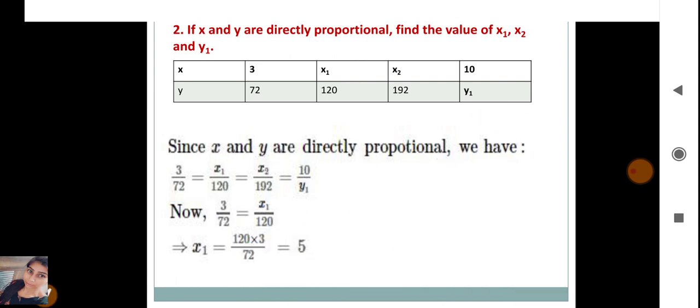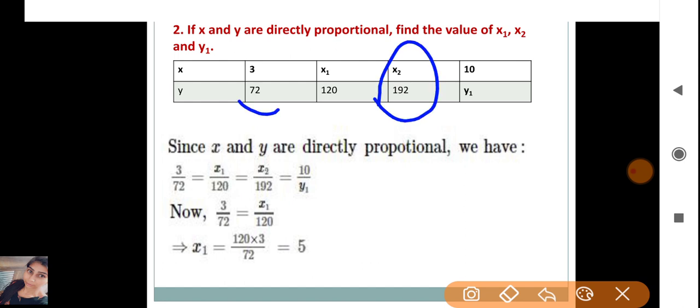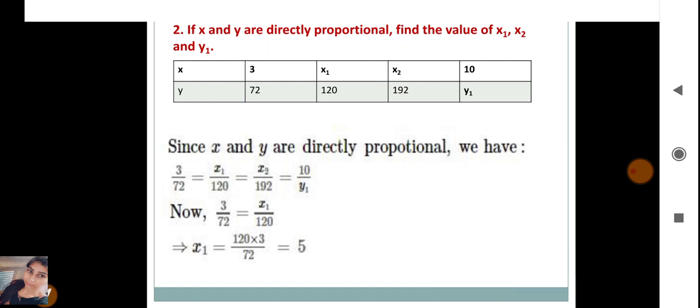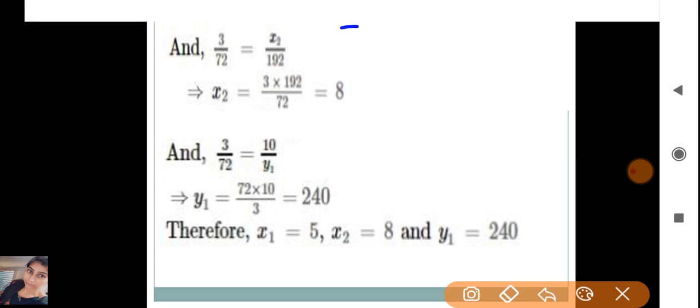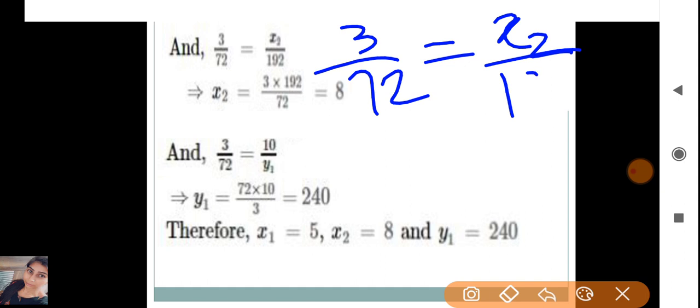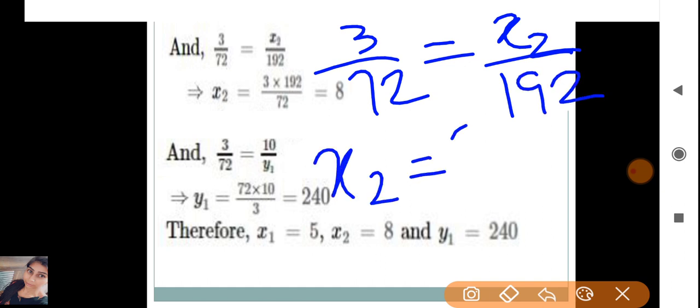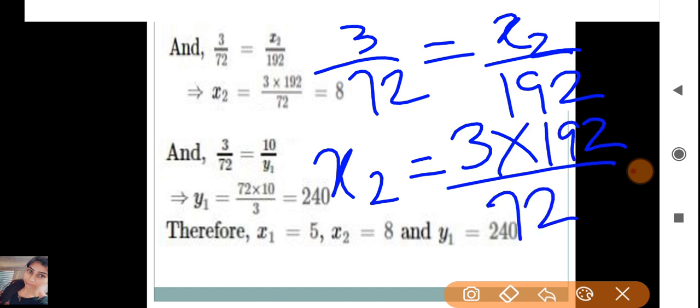In the same way, let us find out the value of x2. In this one we are going to consider these two. Just see, 3 by 72 is equal to x2 by 192. Again I'm going to keep x2 on one side, so x2 is equal to 3 multiplied by 192 divided by 72.